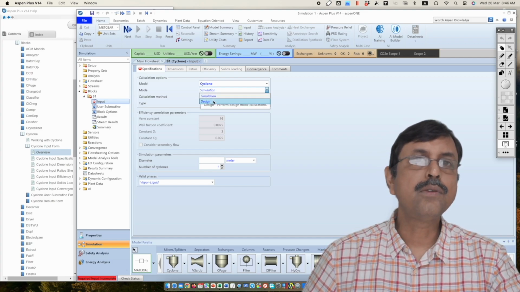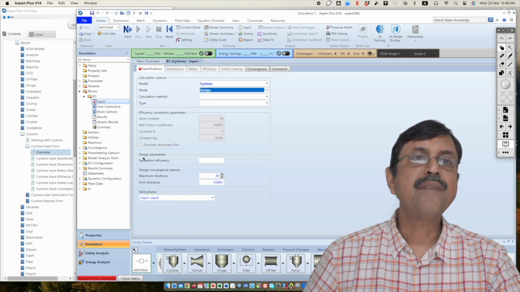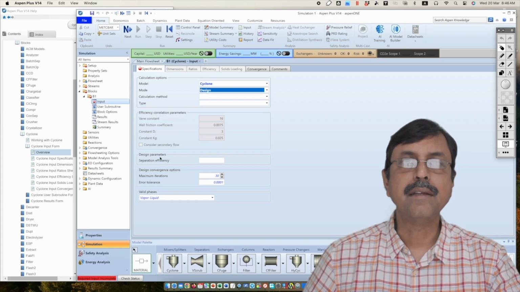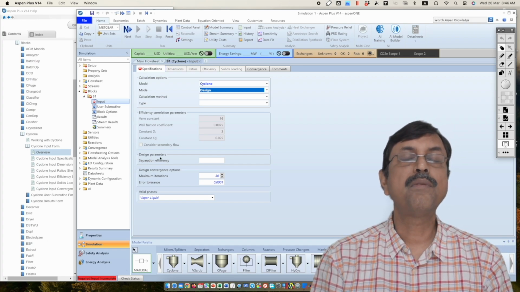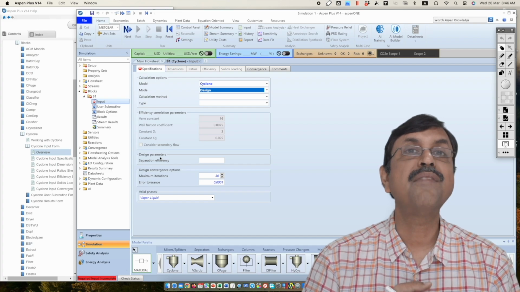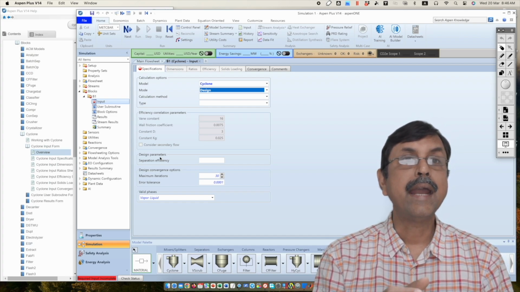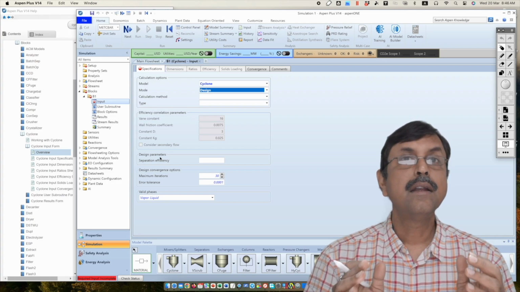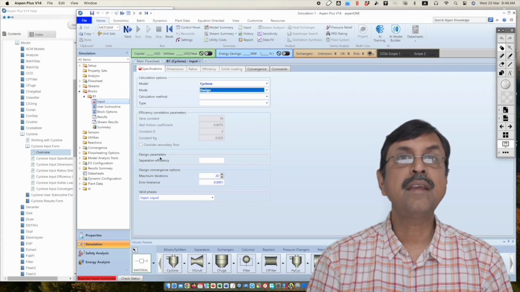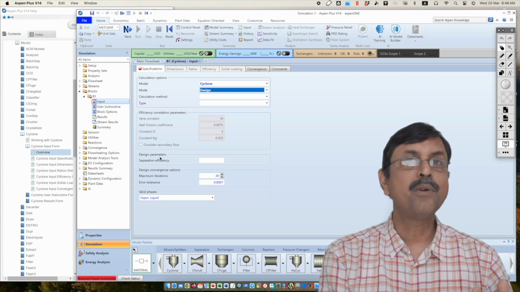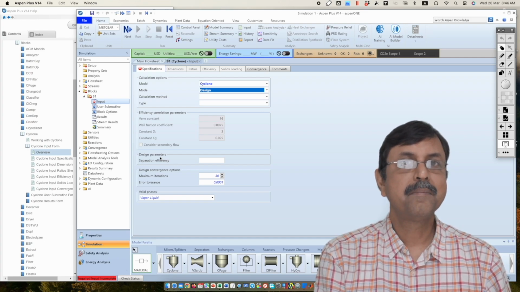Whereas the moment you choose design mode, you have to provide the design parameters. That means you have to provide what is the separation efficiency you have to achieve, and based on the desired separation efficiency, the size of the model will be determined.